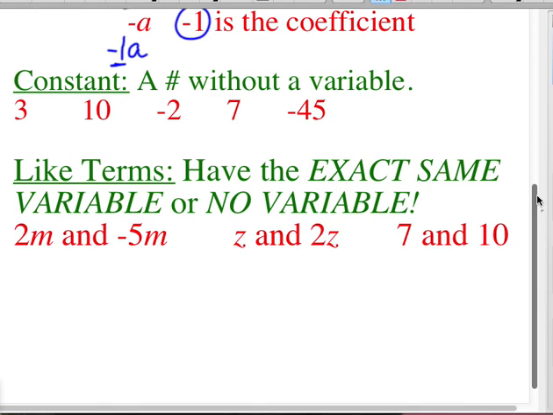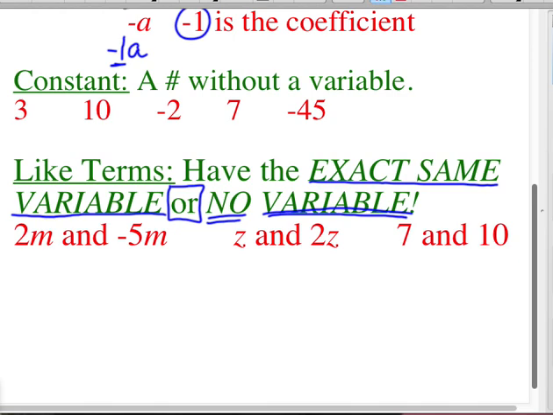Now we have what's called like terms. Okay, here's the actual definition. Like terms are terms that have the exact same variable, has to be the exact same in every possible way, or like terms have absolutely no variable on them.